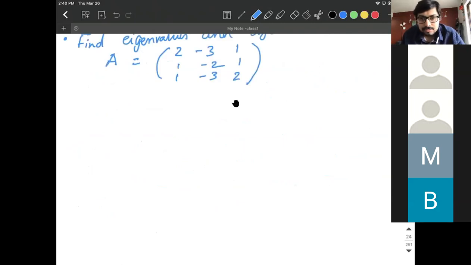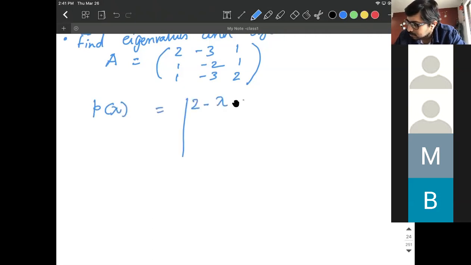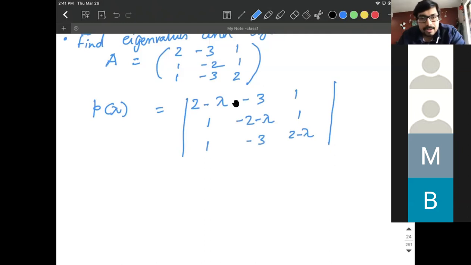What I will do is skip some details, because the details are already in the lecture notes, or maybe not. Sometimes I skip the details also in the lecture notes. But the point is, P of lambda is given by this determinant. And if you work it out completely, it is a big one, so work this out.